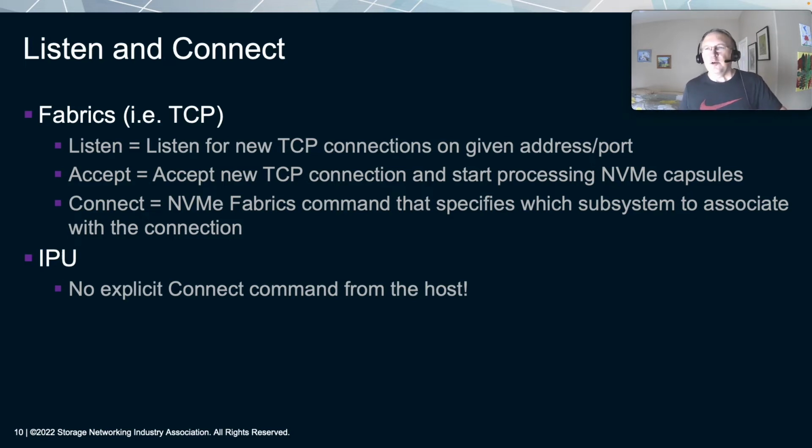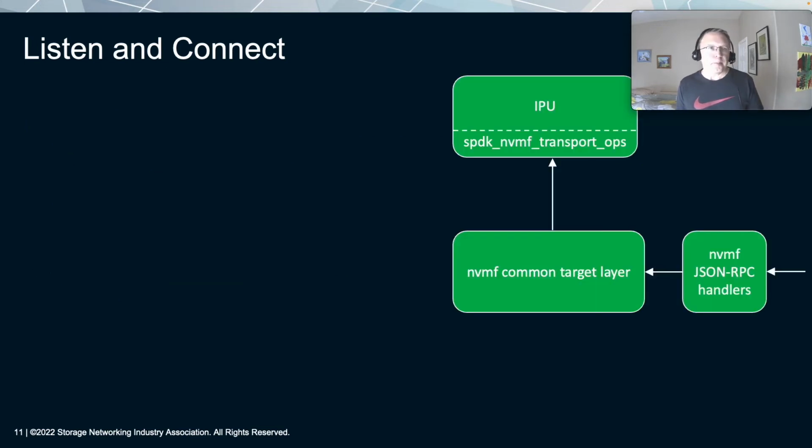But IPUs and virtual machines with VFIO user, it's not a Fabrics transport. It's PCIe, and so you're not going to get an explicit connect command from the host. So how do we handle that?